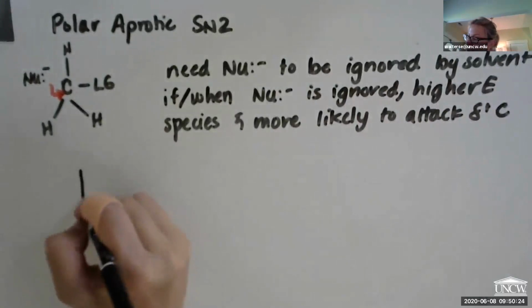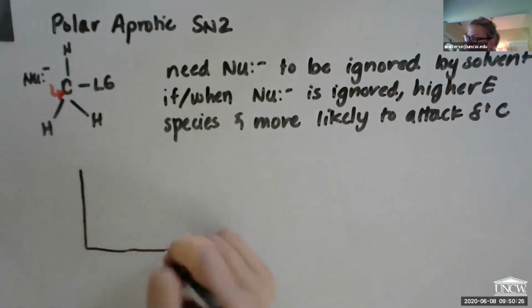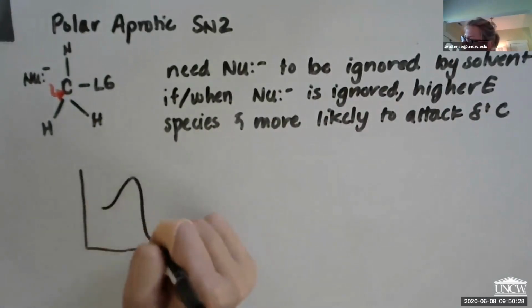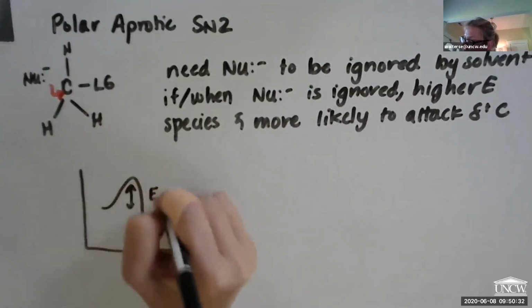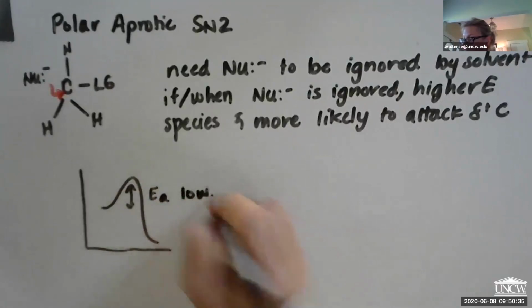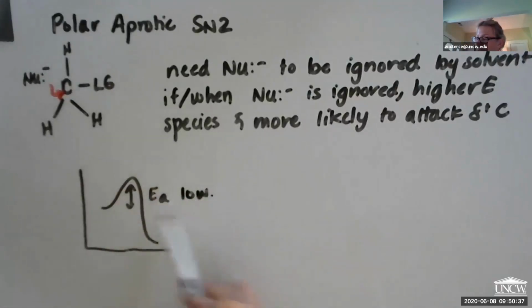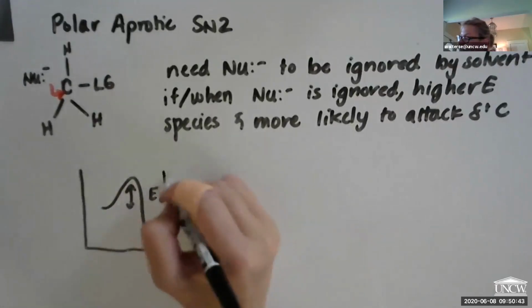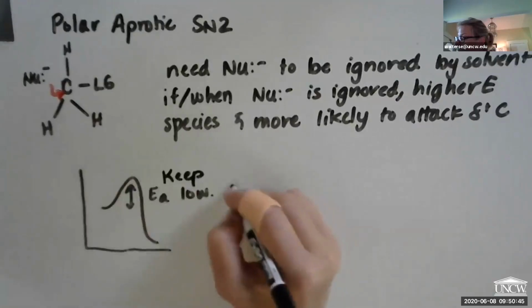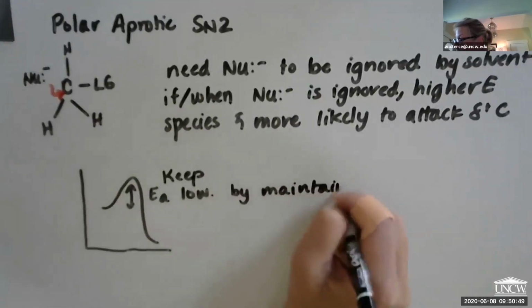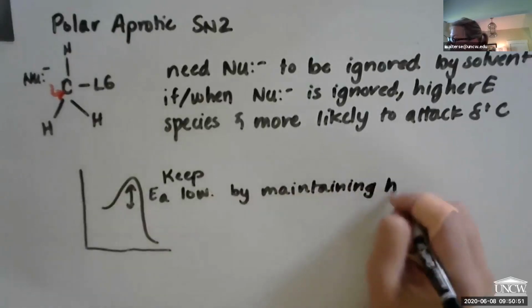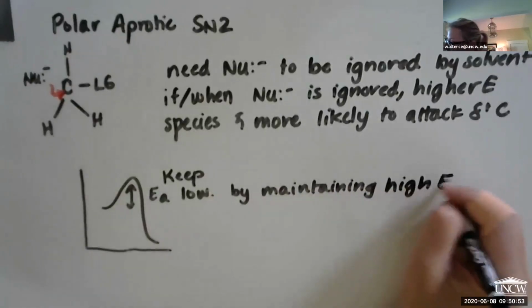In your one-step reaction, you're trying to keep the activation energy low so that nucleophilic attack will occur. So we want to keep this low by maintaining a higher energy nucleophile.